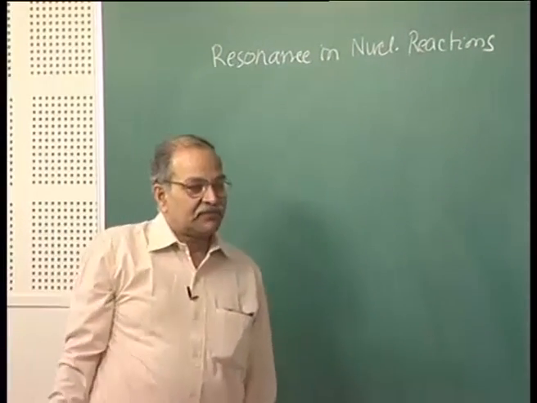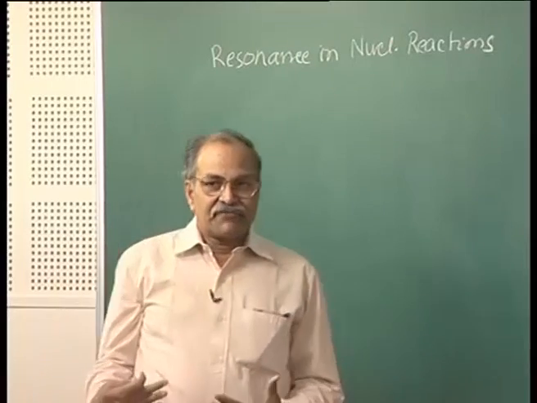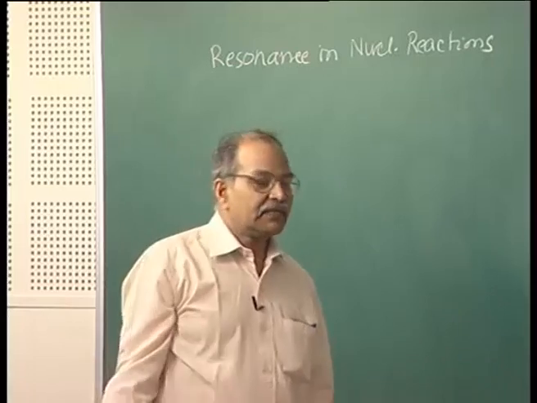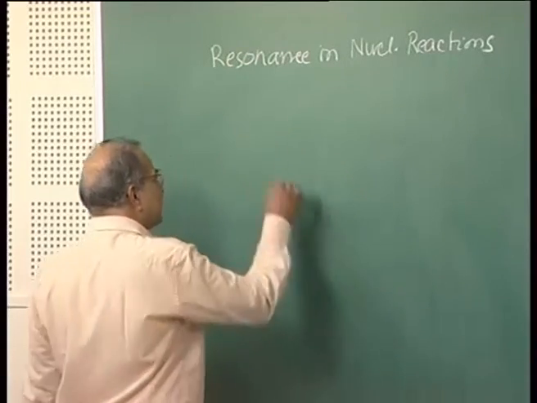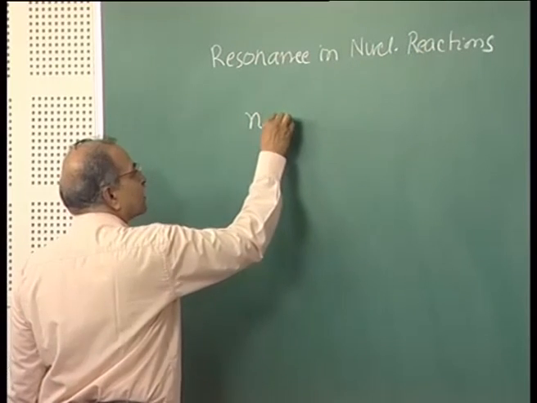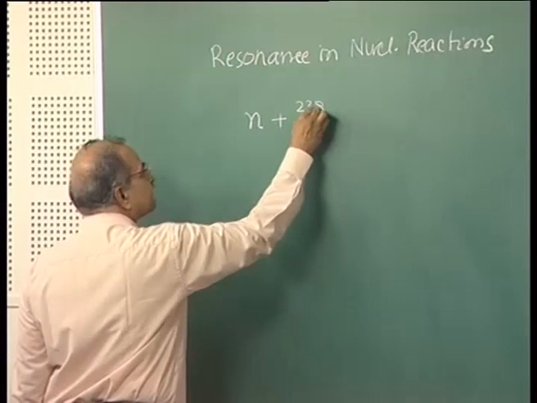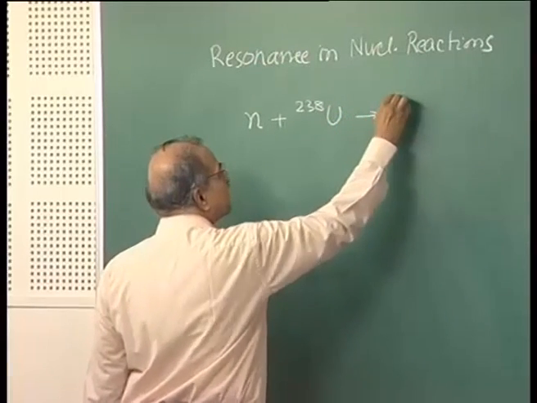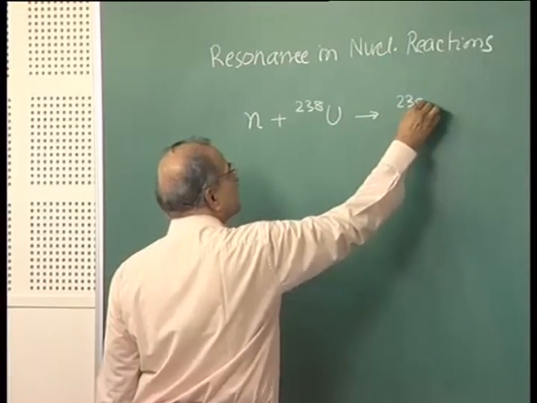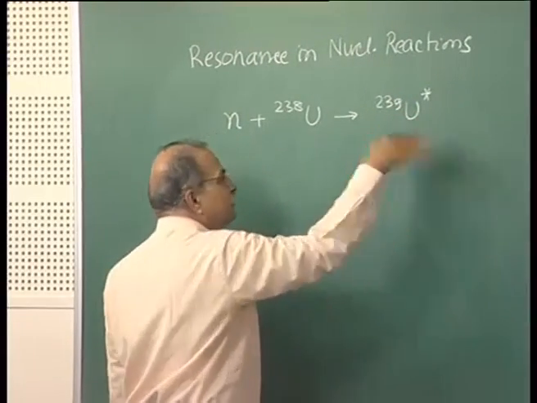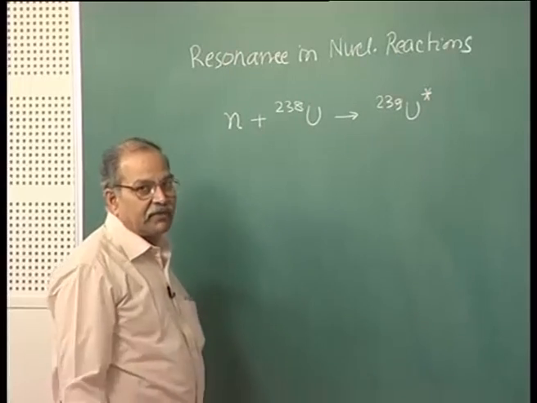What is this phenomenon? Let me take a specific example which we will deal with in more detail in the next chapter, and that is, say, a neutron going to uranium-238 and getting captured there. So, it makes uranium-239 normally in an excited state, and then it will decay through gamma emission.